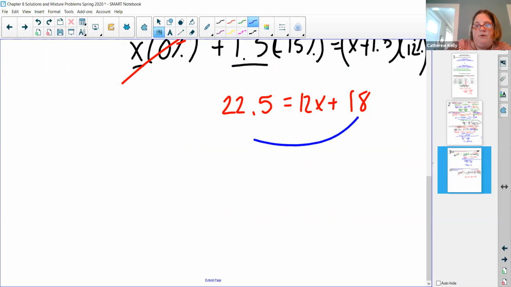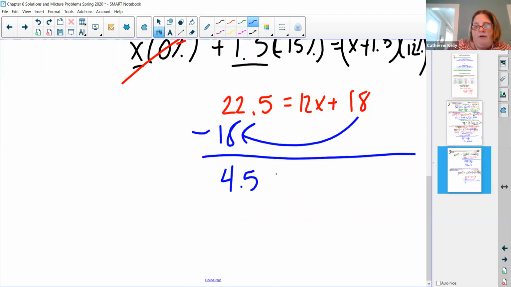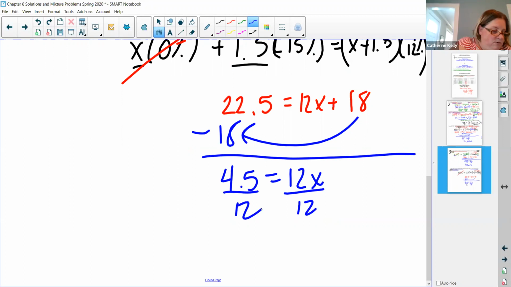I'm going to bring 18 over, so minus 18. I get 4.5 equals 12x. When I divide by 12, I get 0.375. And that's going to be in liters.